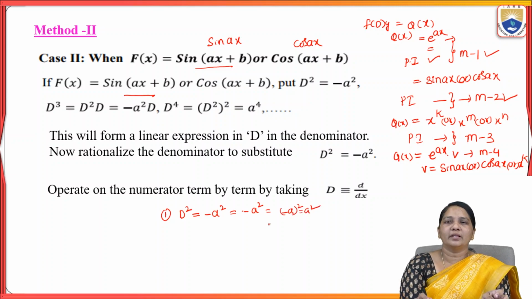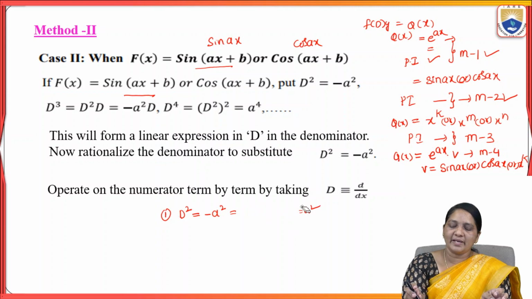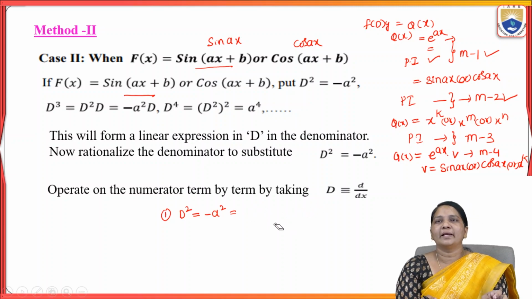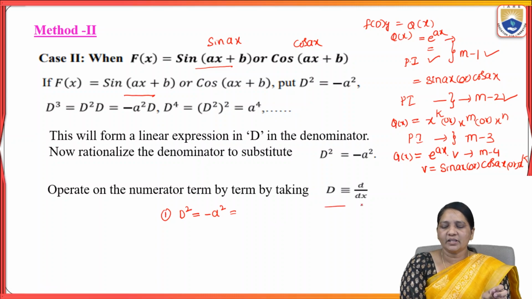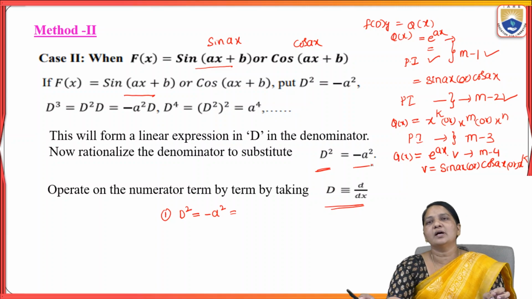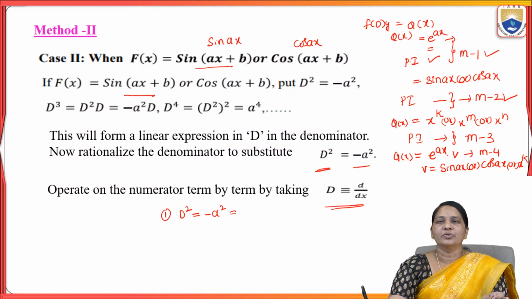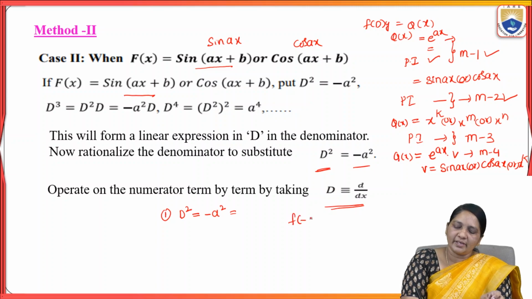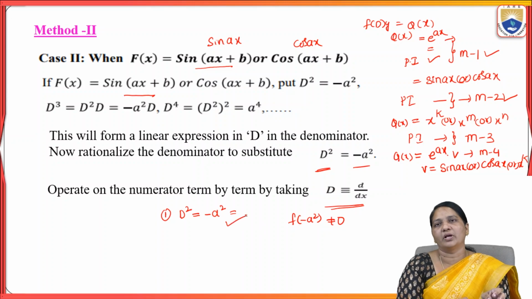Don't take it like that. You have to replace D square with the minus a square value. Here D is nothing but d by dx, and in place of D square we replace the minus a square value. This is the first step. Here f of minus a square should be not equal to 0 after replacing the value.